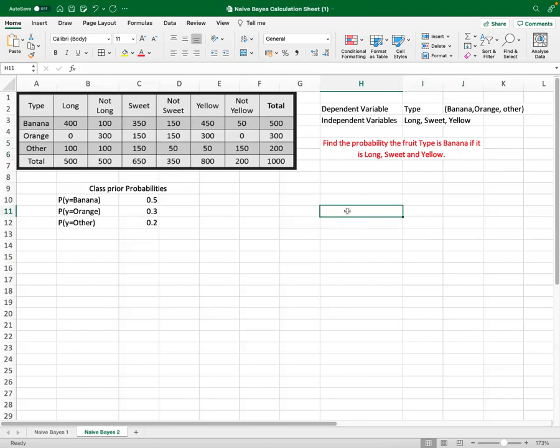So we have to find the probability of the fruit type being banana if it is long, sweet, and yellow.